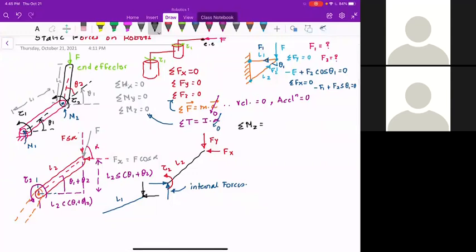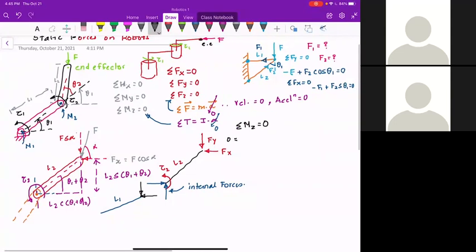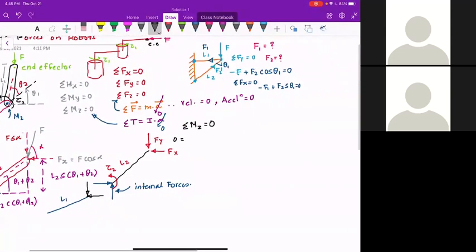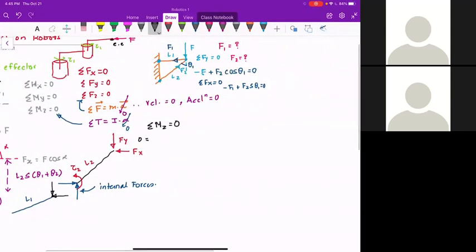So I'm going to write down the summation of moment about z-axis is equal to 0. And this equation can be written down. Focus on link number 2. This equation can be written down as tau 2, and this is positive because if you curl your fingers in the direction of tau 2, tau 2 is positive. We are taking moments about M2.